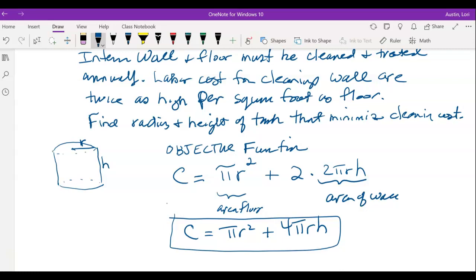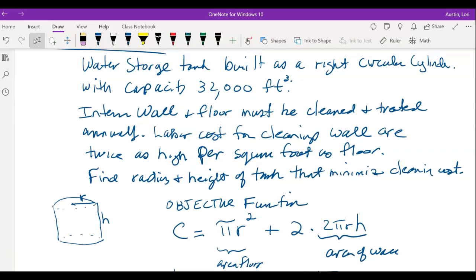We have a constraint. What does the constraint deal with in this water tower? We're minimizing costs. That's our objective. But we have a constraint. The water tower's capacity.